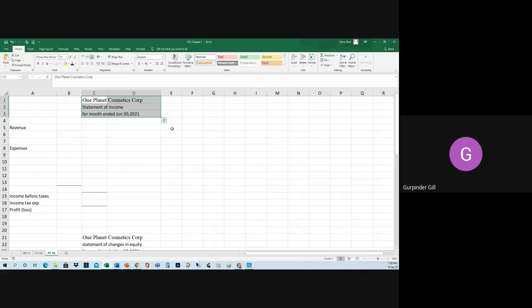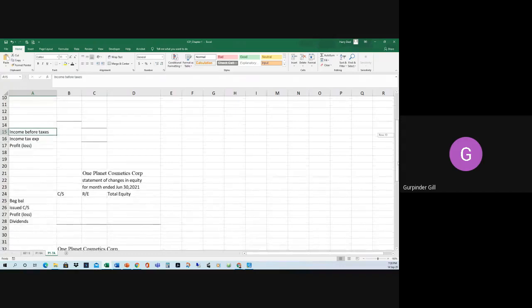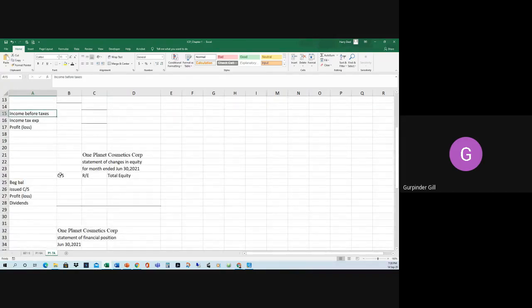We know that statement of income generally has revenue, it has expenses. So revenue minus expenses gives you your income before taxes. Then we slap on our income tax expense, and the resulting difference is our net profit or loss. When it comes to statement of changes in equity, we are going to keep it simple.